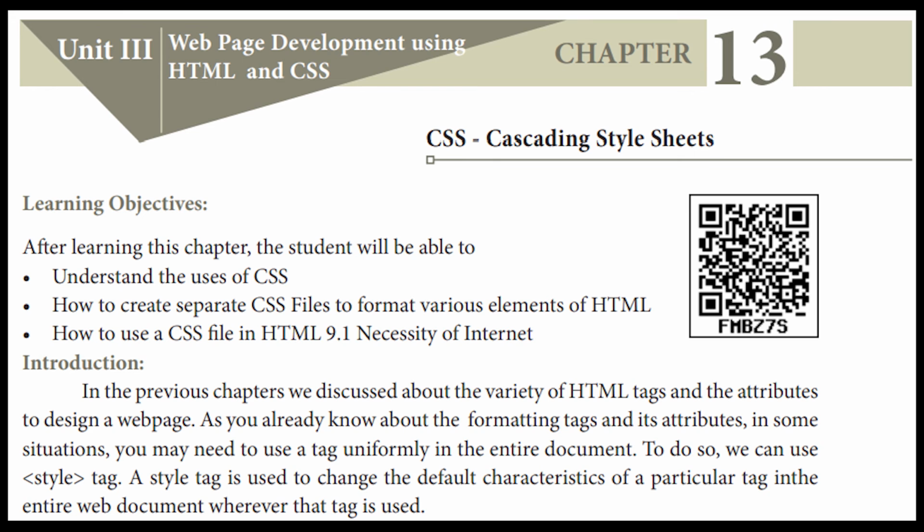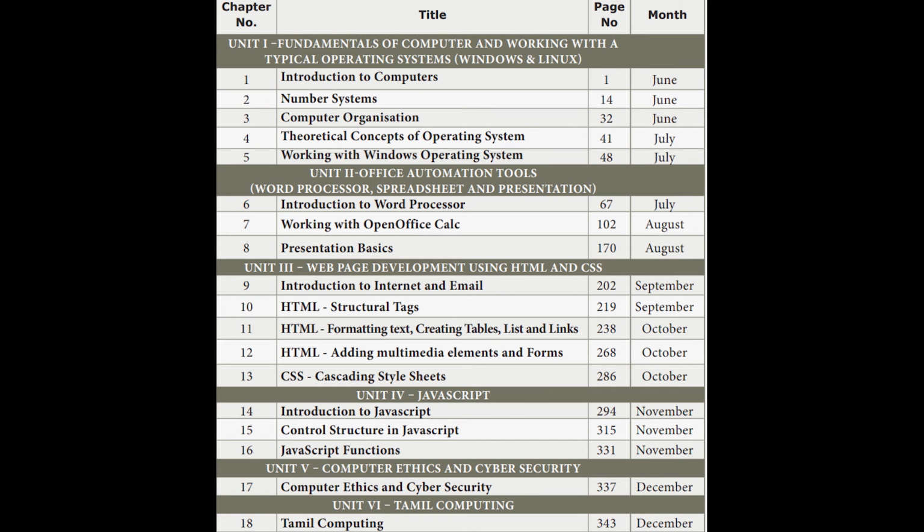Today we have seen CSS, the cascading style sheet, and next session we'll see JavaScript. Only when you are thorough with HTML will you be able to study cascading style sheets, and only after knowing CSS and HTML can you move to JavaScript.